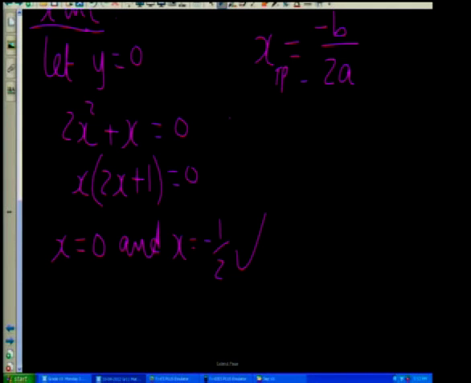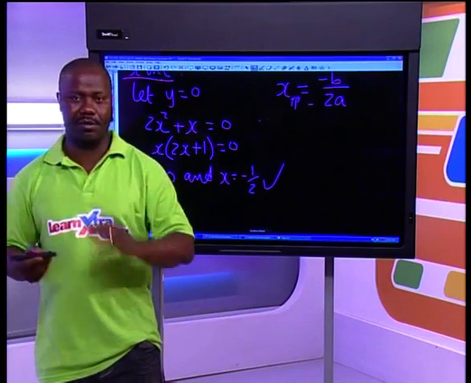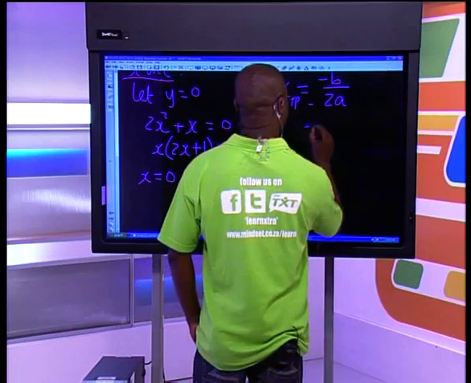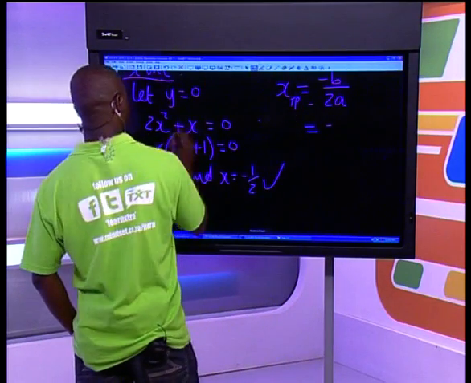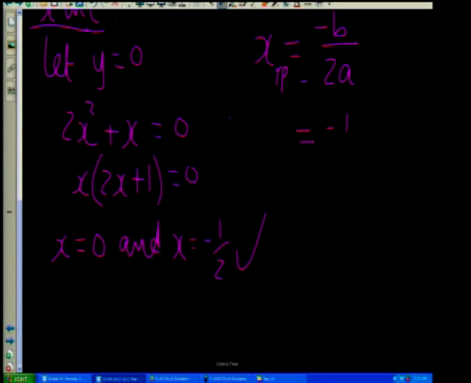So b and a represent the coefficient of x and the coefficient of x squared. If you look at b, our b was 1. So we substitute it. Then we divide that by 2. Where we see a, we put 2. So which means our axis of symmetry is going to be at minus 1 over 4.